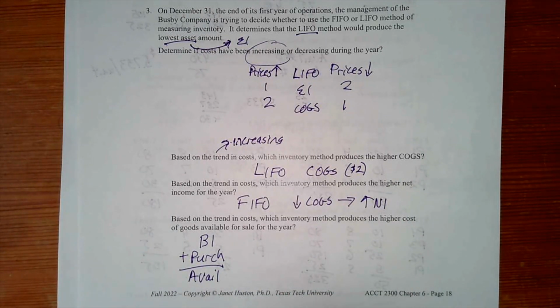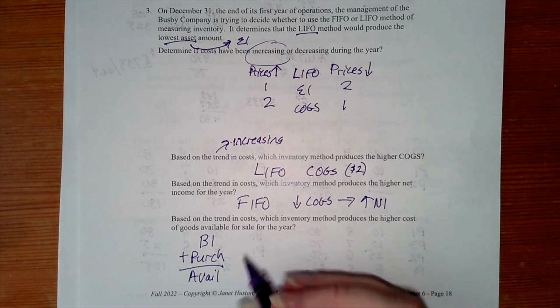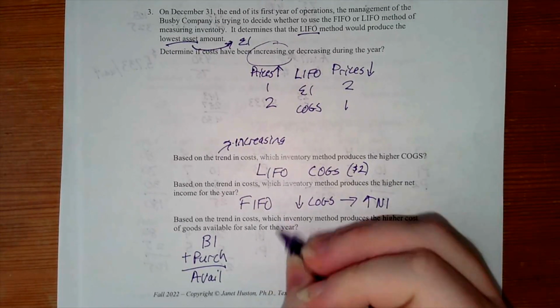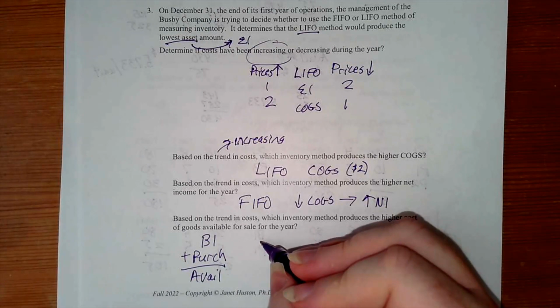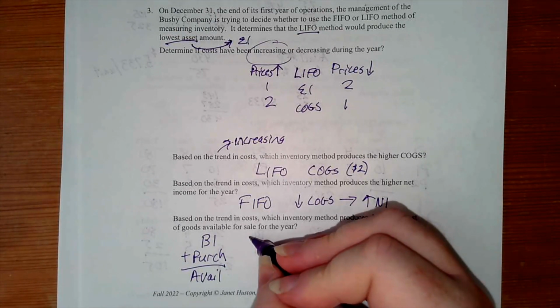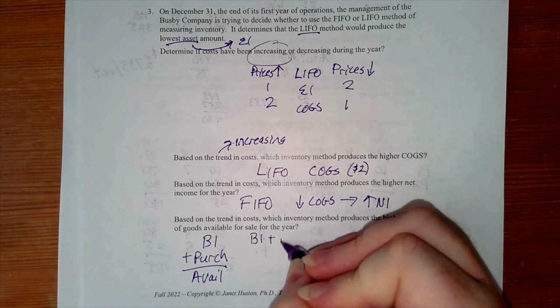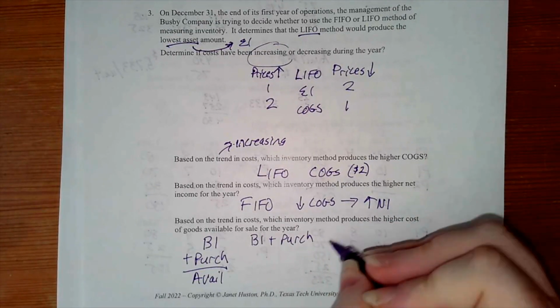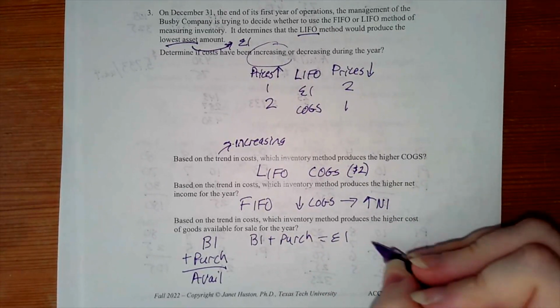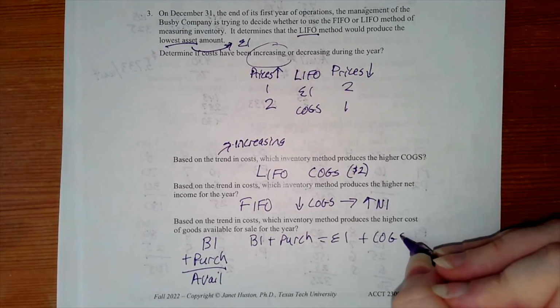Maybe a better way to say it is this: remember, beginning inventory plus purchases equals ending inventory plus COGS, right?